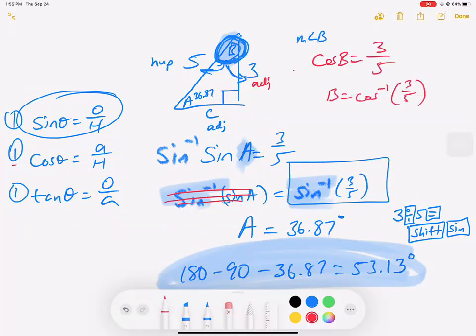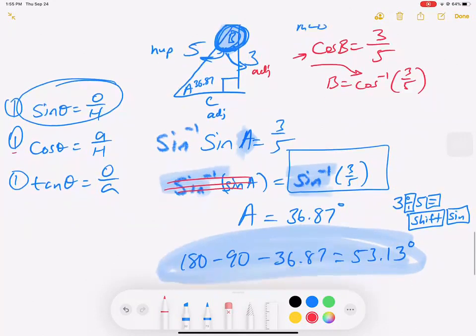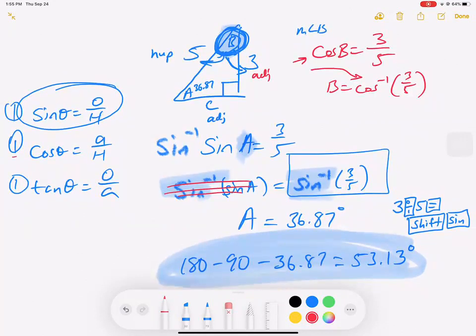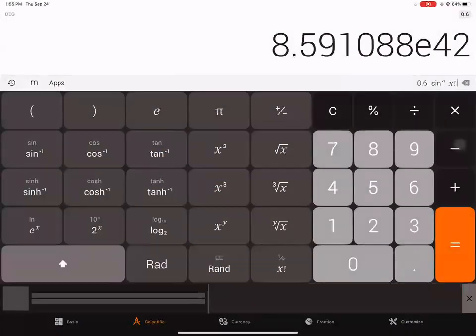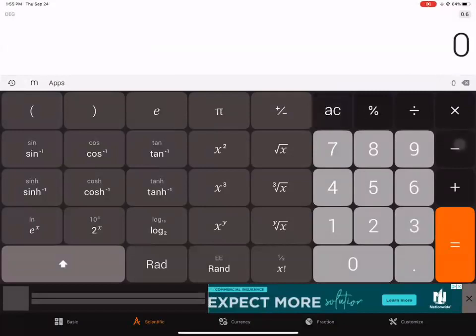So to get rid of cosine, we do the inverse to both sides. Now, will this answer be 53.13? The world may never know. So we said 3 divided by 5 equals, and we're going to shift cosine that.